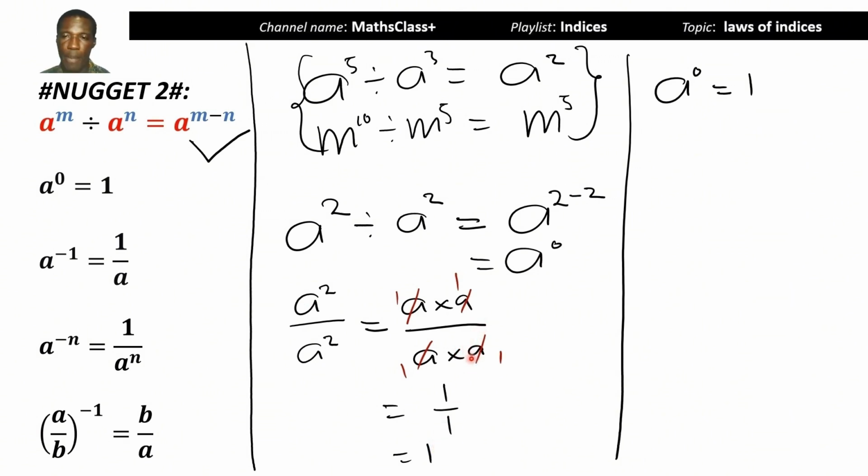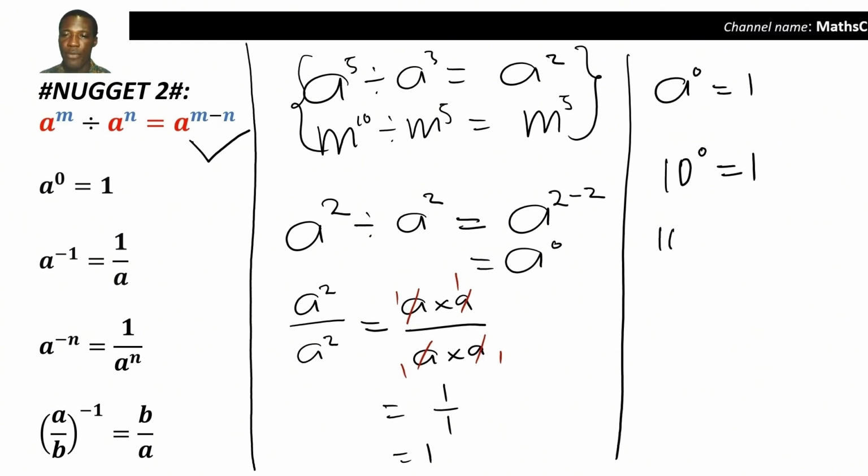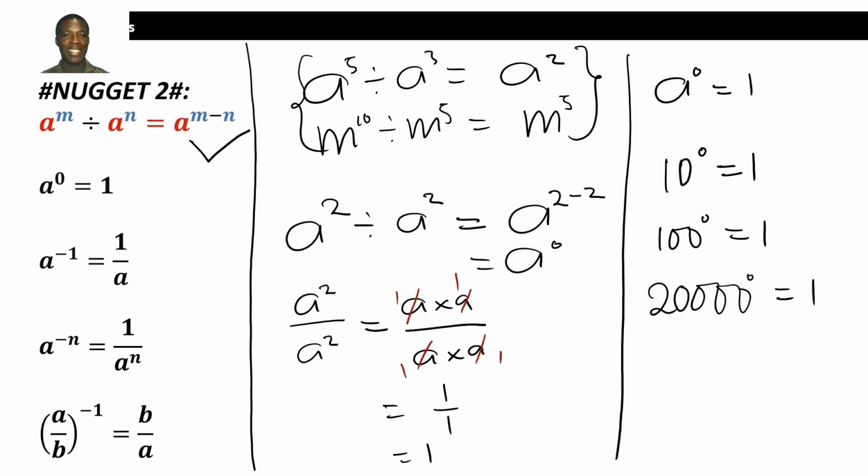Any number to the power 0 is equal to 1. It's not equal to 0. So 10 to the power 0 is 1. 100 to the power 0 is equal to 1. 20,000 to the power 0 is equal to 1. So let's take note of this.